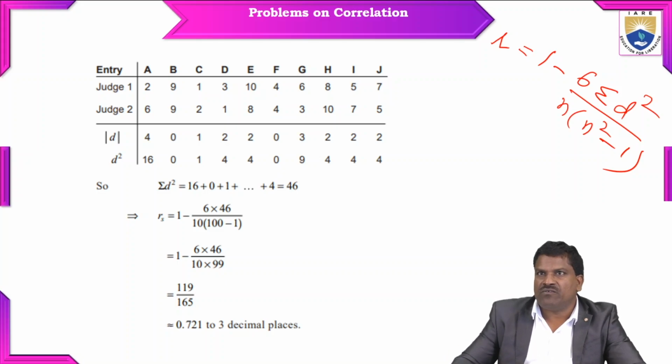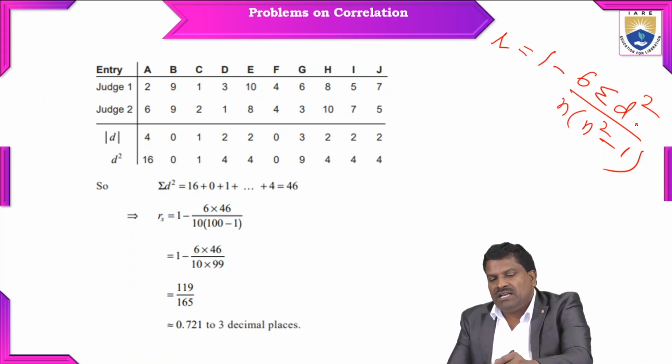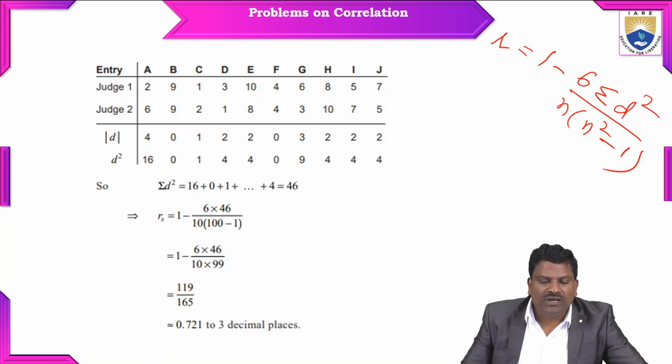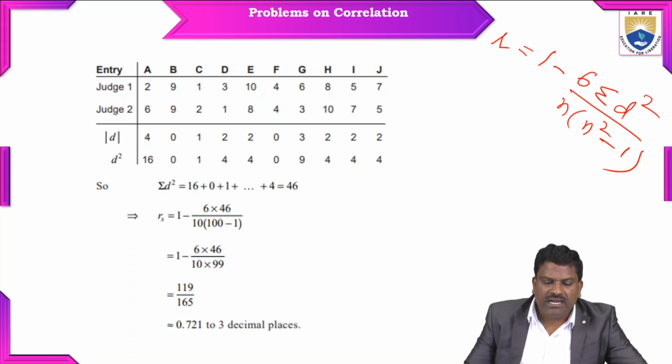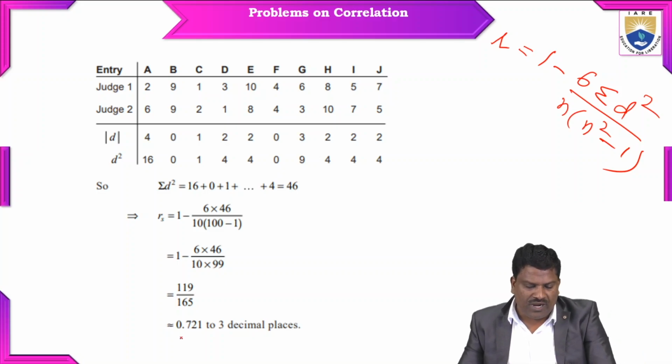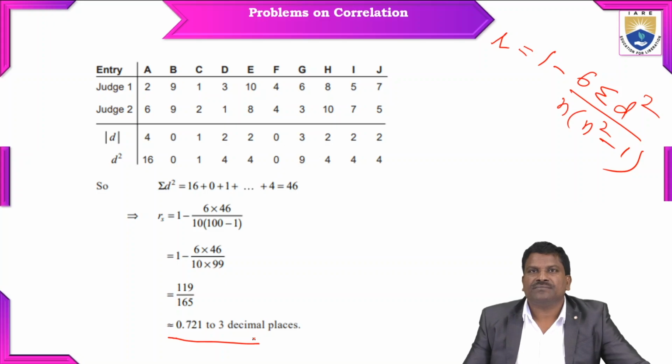Sigma d square we found here, and the n value is known to us. Then the R value becomes 1 minus 6 into 46 divided by 10 into 10 square, which is 100, minus 1. So its value is 0.721 up to 3 decimals.